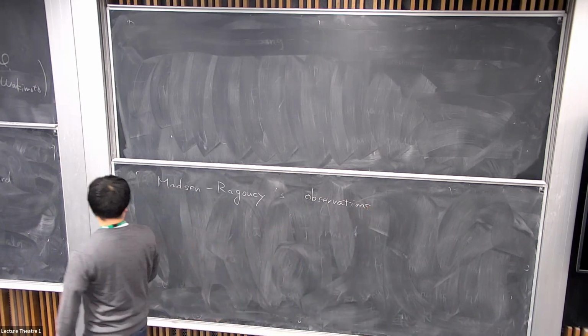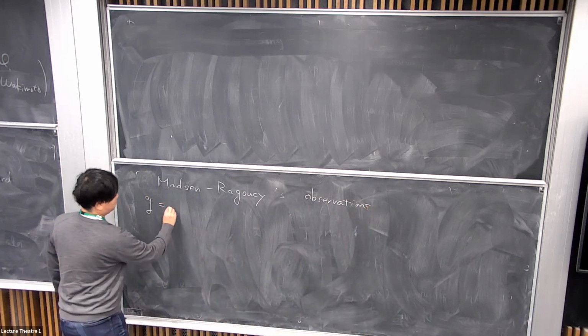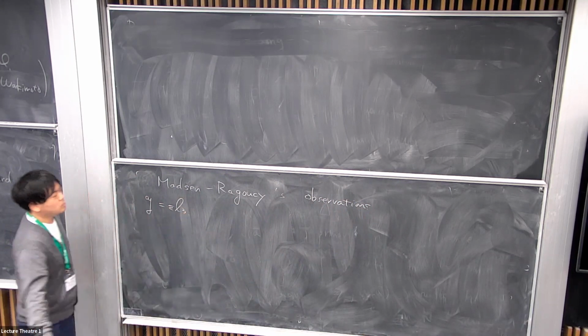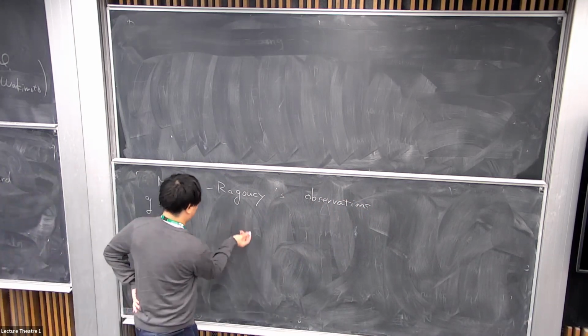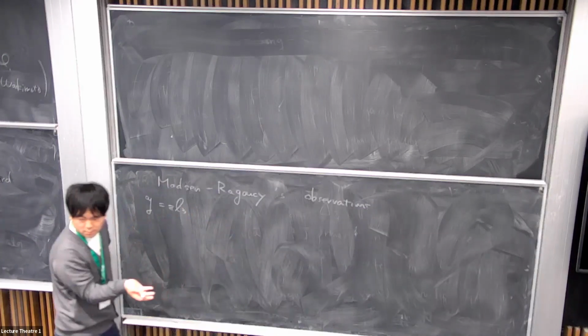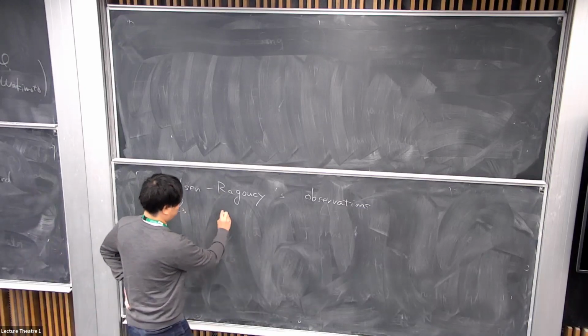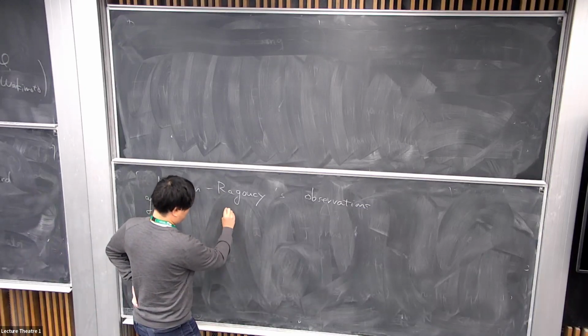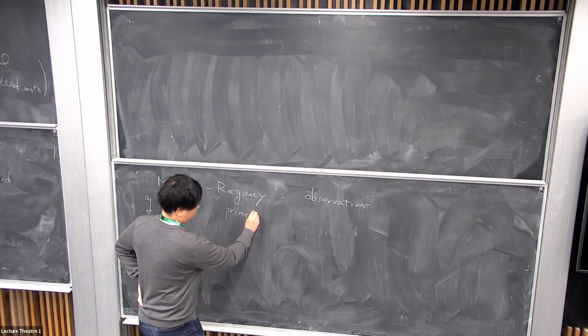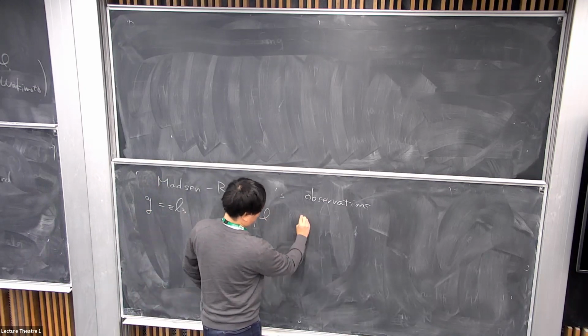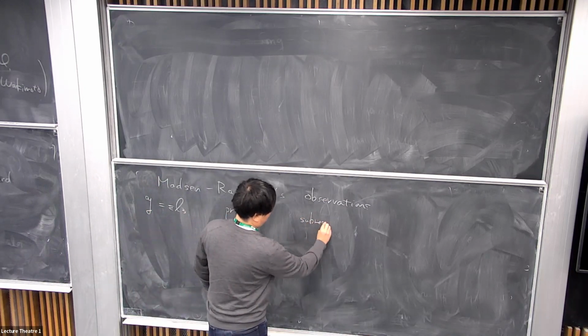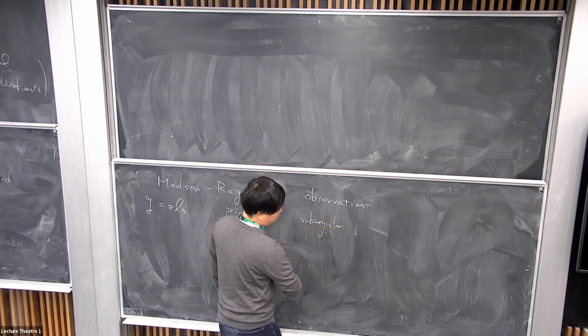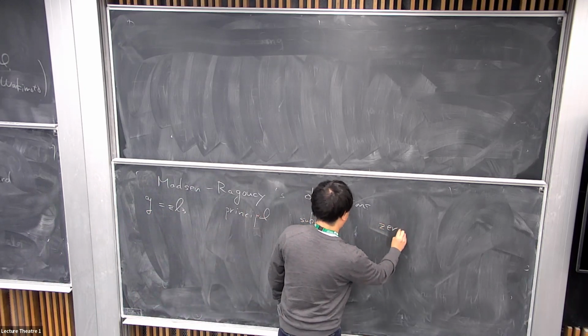So they observe, taking G to be sl3, so we have the affine algebra. In this case, we have three choices of nilpotent orbits: the principal one, and the subregular, which is the same as the minimal nilpotent orbit, and zero.